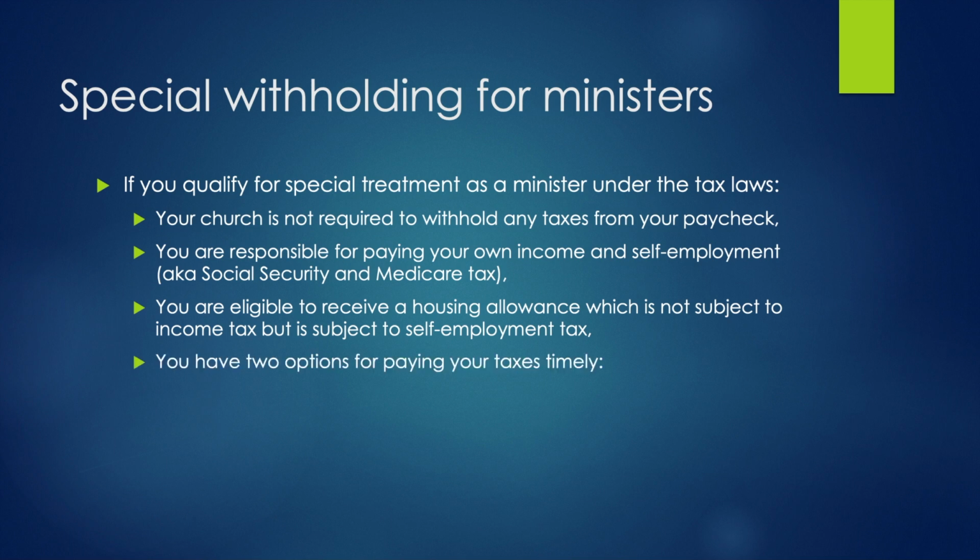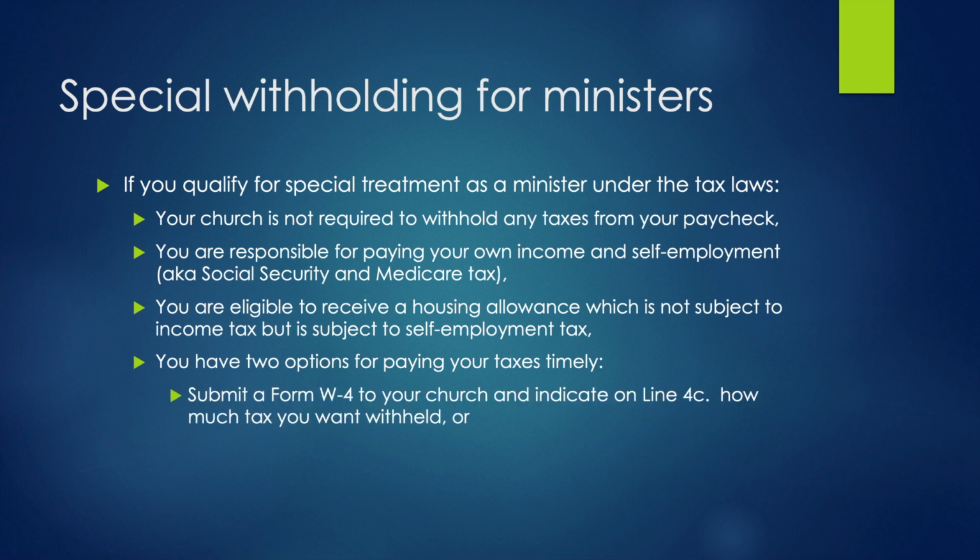So, ministers have to pay their own taxes. Now, how are they going to accomplish this? Well, they have a couple of different options. Number one is a minister can submit a Form W-4 to their church and indicate on line 4C how much tax they want withheld. And if the minister submits that form, the church cannot deny it or refuse it. The church would then be required to withhold the taxes.